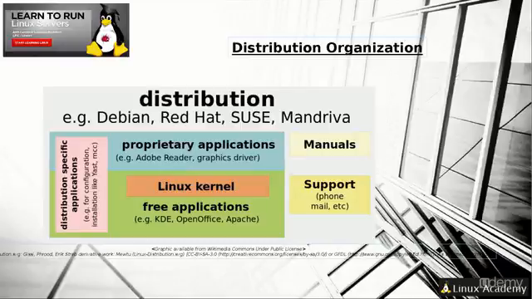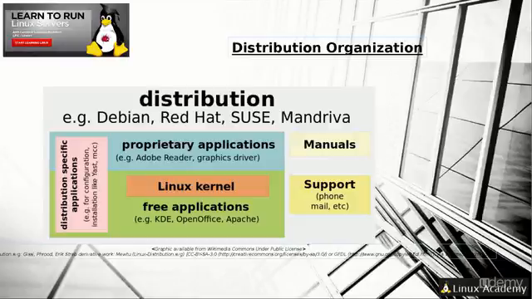Distributions also have the kernel, which is what we talked about in the last video, that Linus Torvalds initially developed in 1991, that was eventually paired with GNU project and its utilities and more or less morphed into what we see today as Linux. Free applications like OpenOffice, Apache, and a large number of other applications that are available for Linux in general. And then, of course, there's distribution-specific applications, things that are used by that specific distribution for the configuration management of itself.